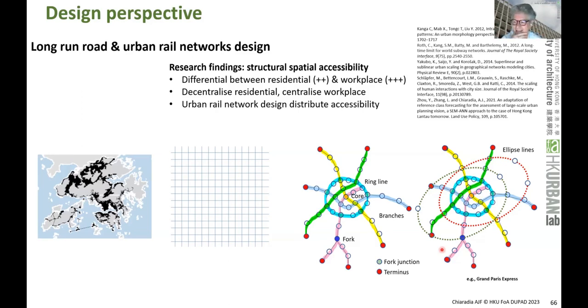What is happening is that it stops increasing the accessibility of the center, displaces accessibility, and distributes it around between the branches and between the different new towns that make up the suburbs of Paris.